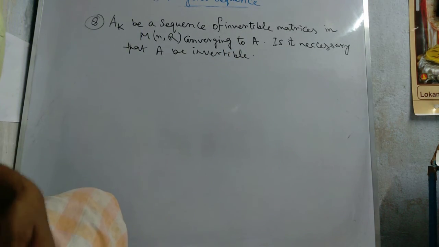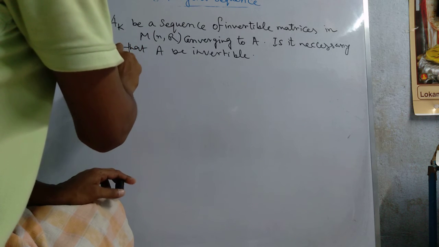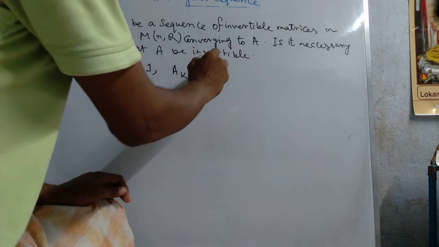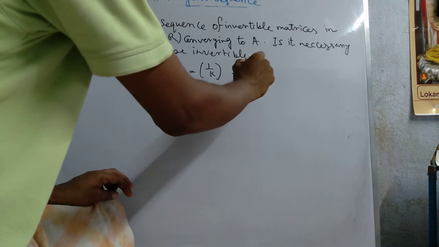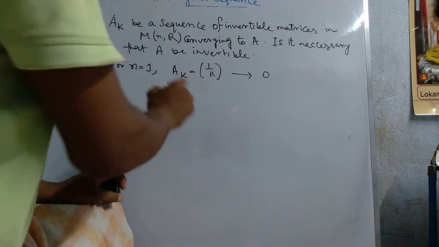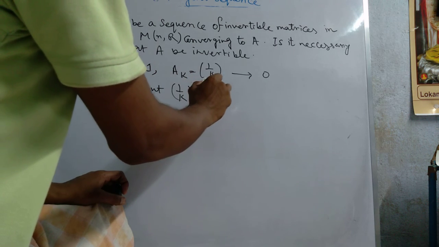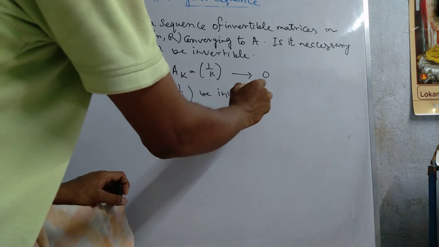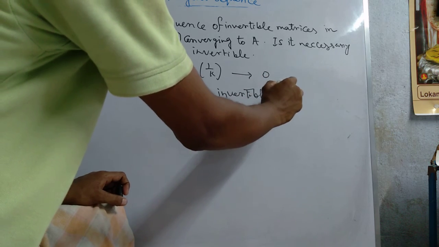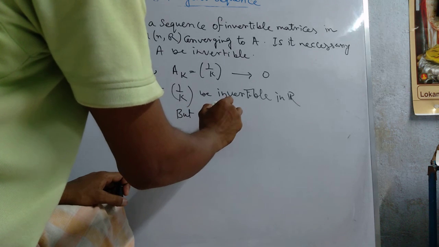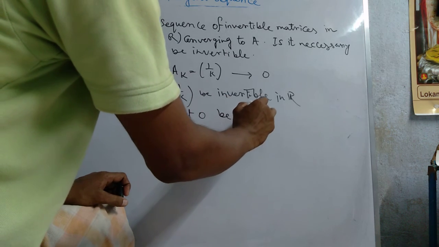Always not possible. We take n equal to 1, Ak equal to 1 by k converging to 0, but 1 by k is invertible on R, but 0 is not invertible.